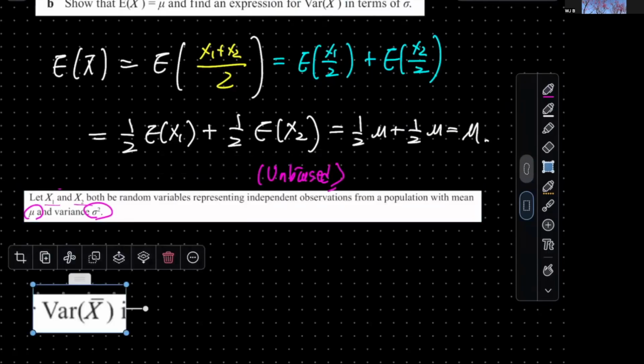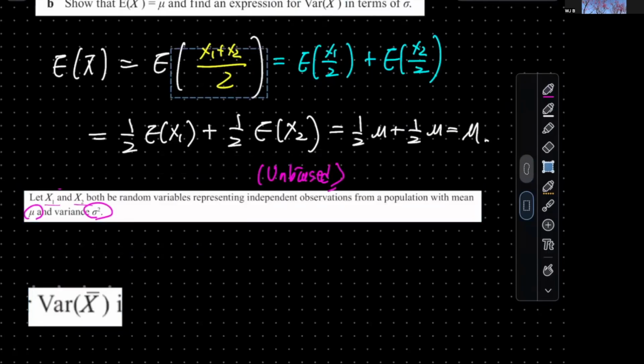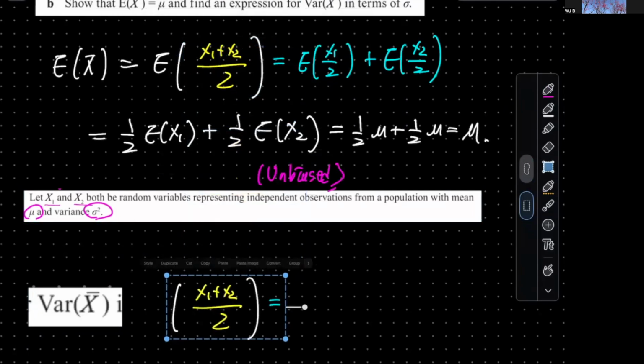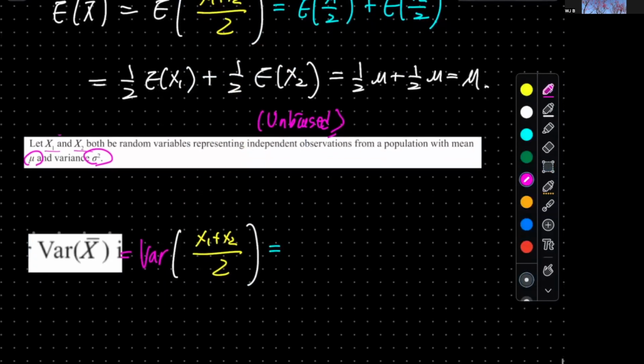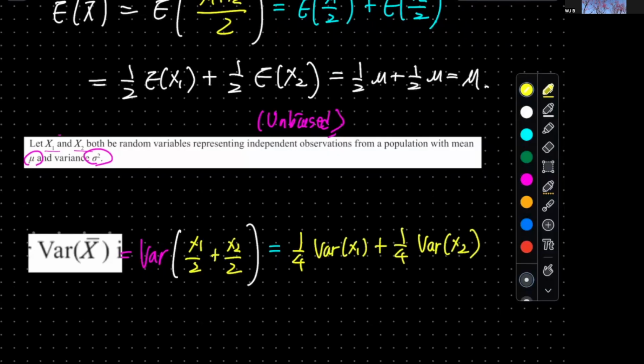If I try to do the variance now, it's going to be pretty much the same thing, but please remember, for the variance, the coefficient will come out as a perfect square. So we have x1 over 2 plus x2 over 2, but the constant coefficient will come out as a perfect square. So it's going to be 1 over 4 variance of x1 plus 1 over 4 variance of x2. That is great.